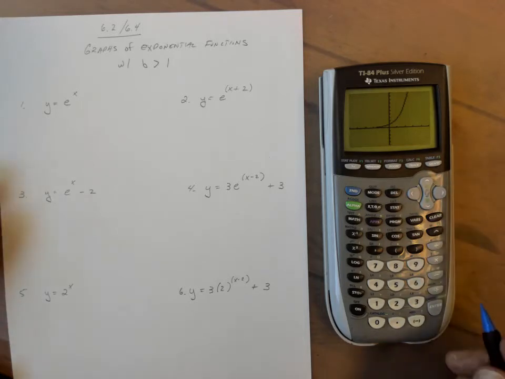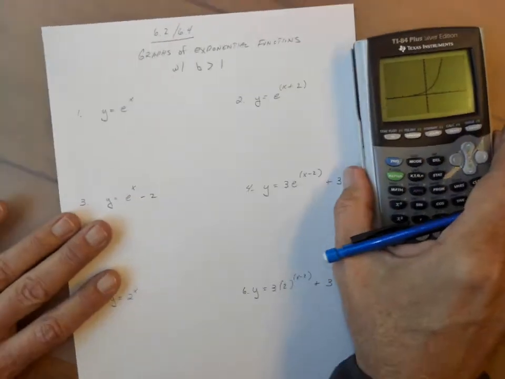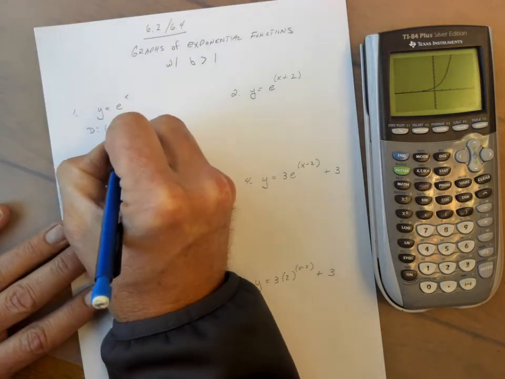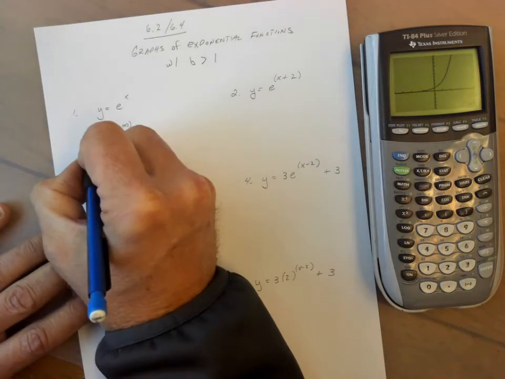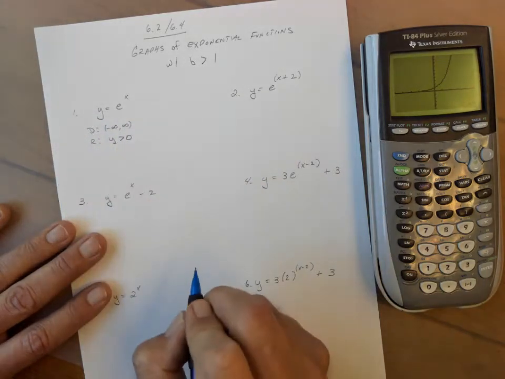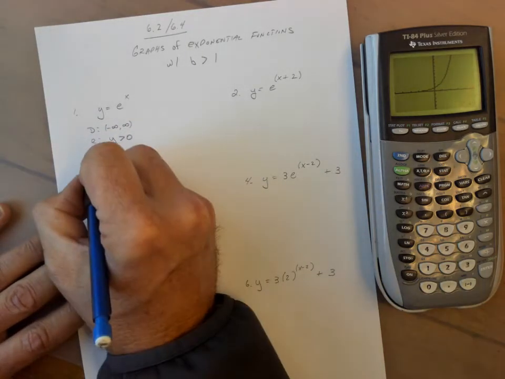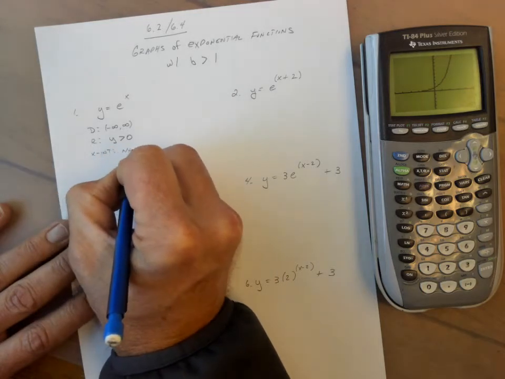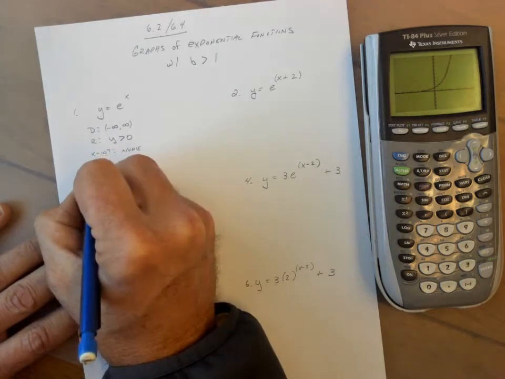Specifically, we're using e. So back over here, right, our domain is going to be all real numbers, or -infinity to infinity. Our range is y is greater than 0. There is no x-intercept. That's because y never equals 0.